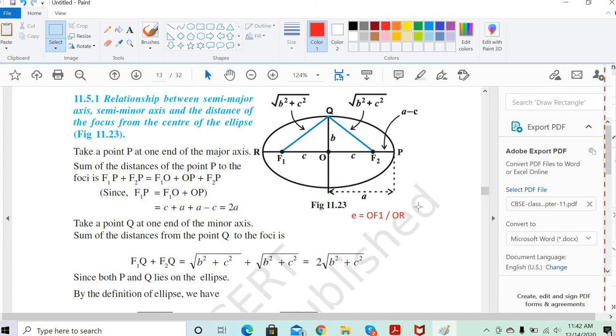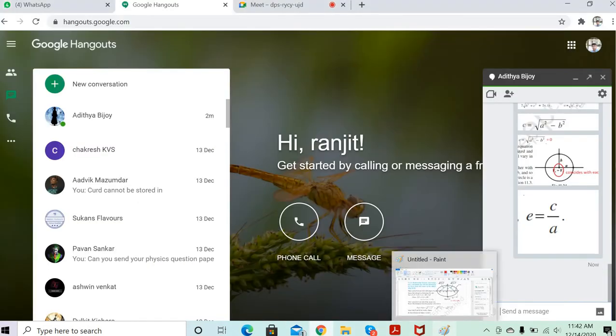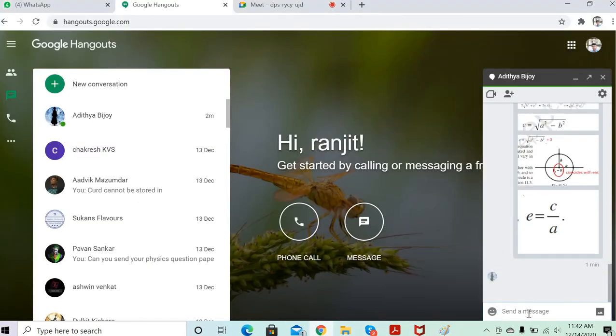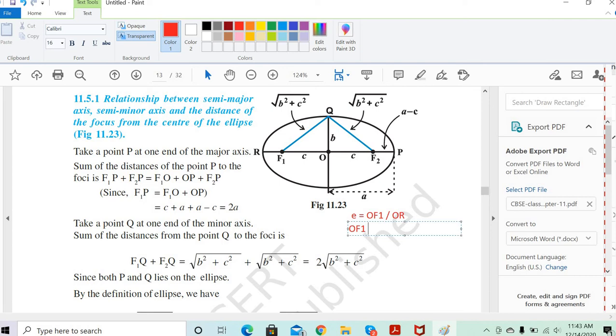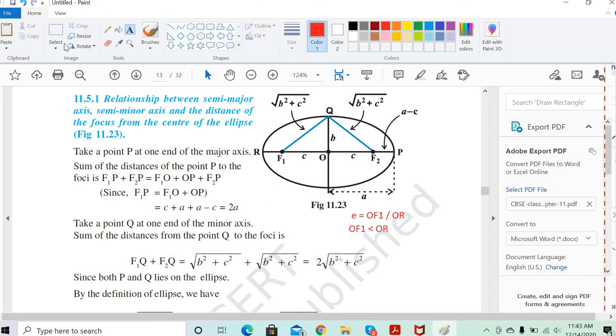So let's understand this part. Clear? Now what do you think, OF1 is lesser than OR, isn't it? So what will be the value of e now?